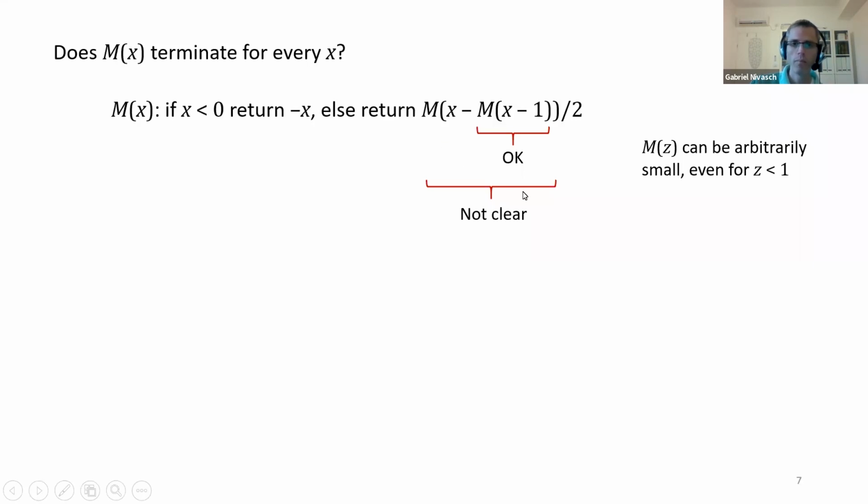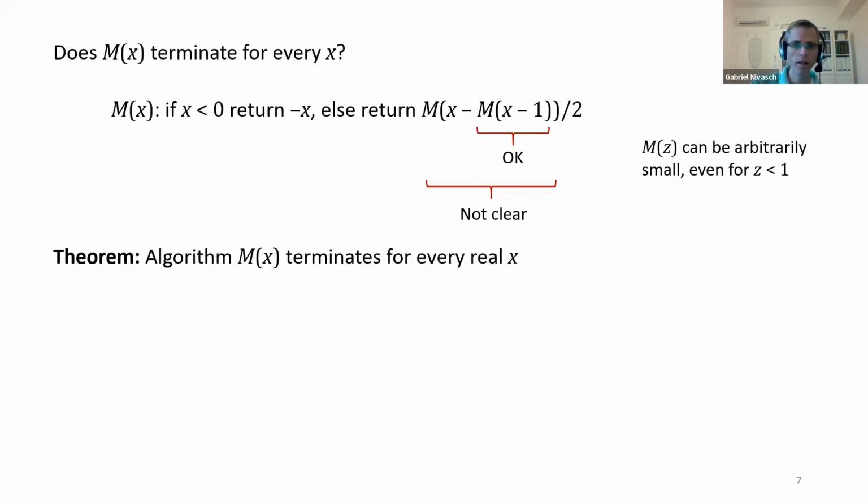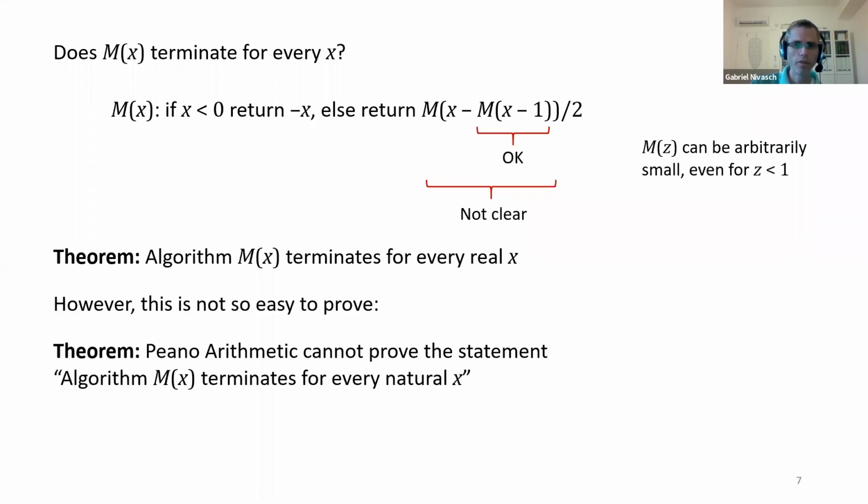It's okay because this guy can return an arbitrarily small number. So you do x minus a tiny bit. Nevertheless, this algorithm terminates for every real x, though that's not so easy to prove. And in fact, Peano Arithmetic cannot prove that algorithm M terminates for every natural x. This is one of our main results.